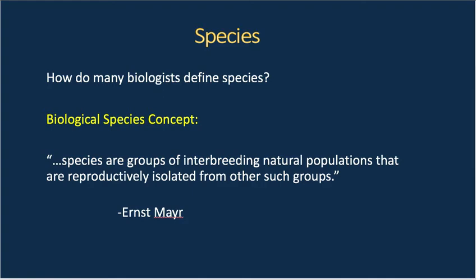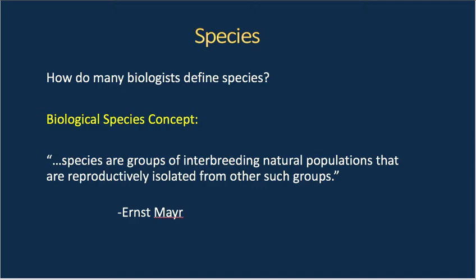So what this just means is that the biological species concept defines species as being animals that can interbreed and produce viable offspring with each other. So a dog and a cat are not the same species because a dog and a cat cannot mate and produce offspring. A Chihuahua and a Great Dane, even though they look very dissimilar, are genetically capable of interbreeding and producing offspring, so they are technically the same species.